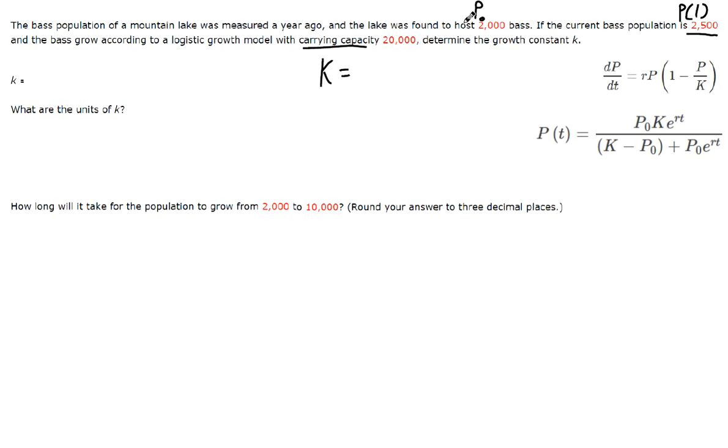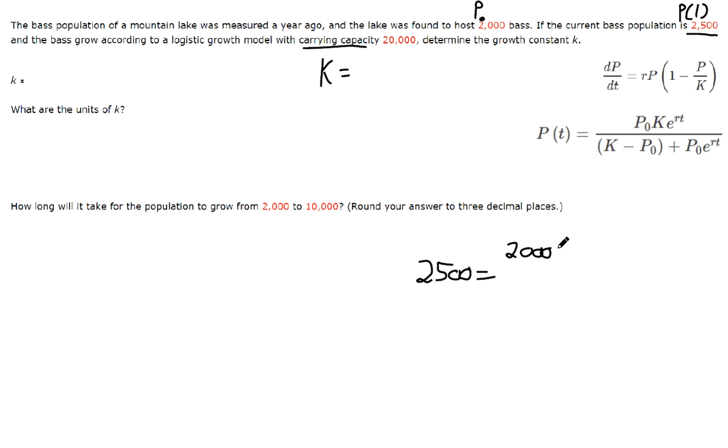So what they've said is after 1 year, assuming T is in terms of years with their logistic growth model, then we have 2,500 for a population. So I plug that in here. And then we have P sub 0. The initial population was 2,000 before that change.